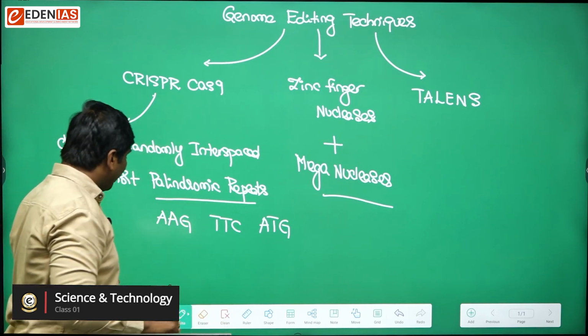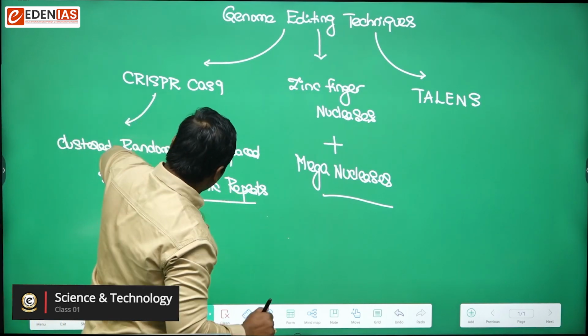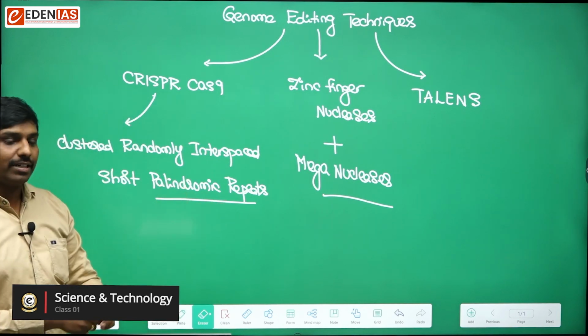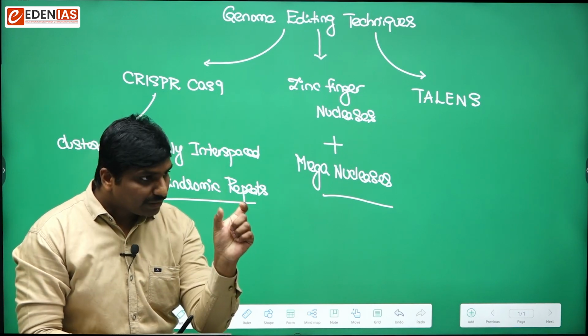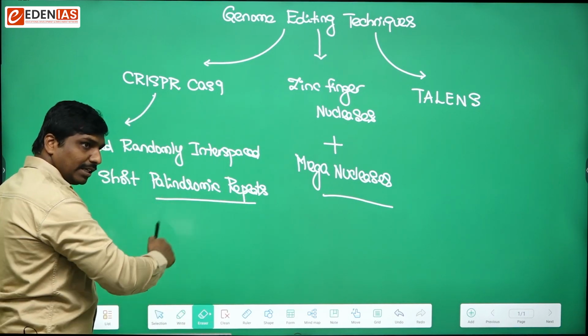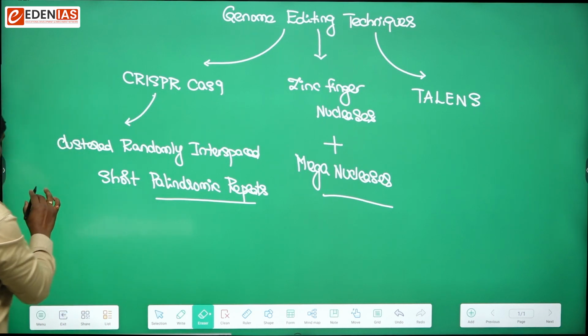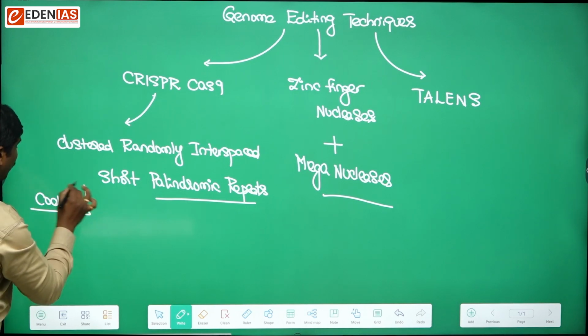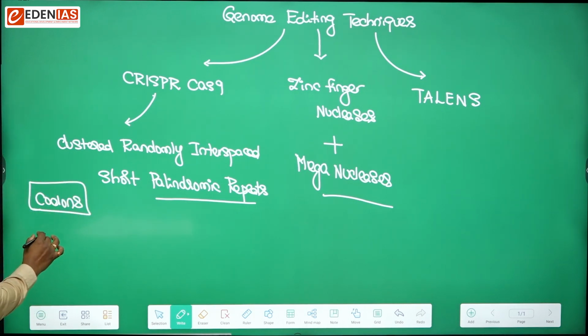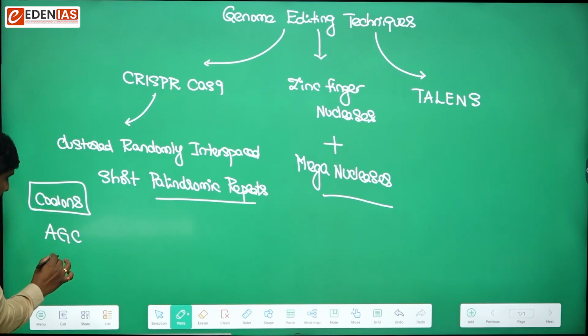We have around 64 codons in the entire genetic makeup. Codons mean that genetic information is stored in the form of certain codes, like AGC or GCC. This is a codon.